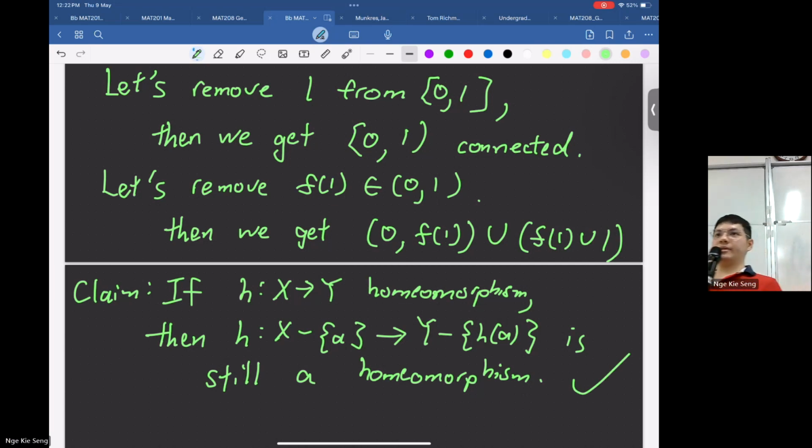I think this claim should not be hard to prove, but you need to try and show continuity and bijection. Bijection should be easy, but you need to check continuity.